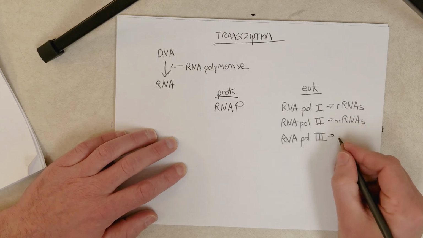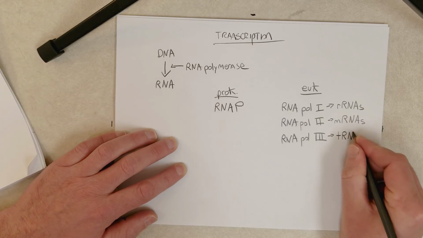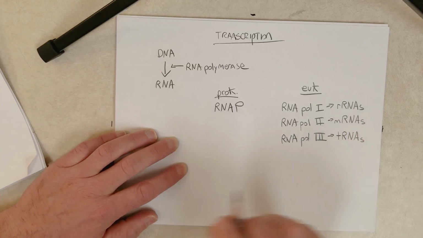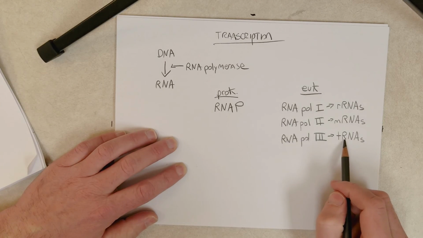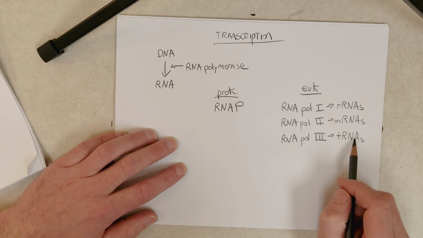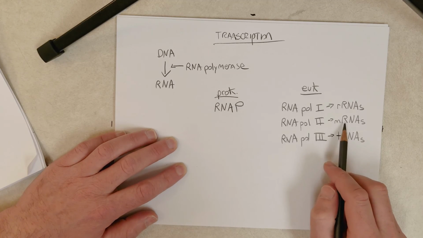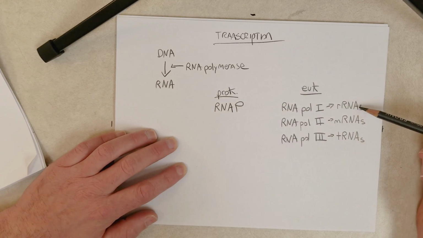RNA polymerase 3 is mostly in charge of transfer RNAs, so it transcribes genes that encode transfer RNAs. Transfer RNAs are used during mRNA translation to synthesize proteins. We'll talk more about ribosomal RNAs and transfer RNAs in future lectures. We'll mostly focus on messenger RNAs.